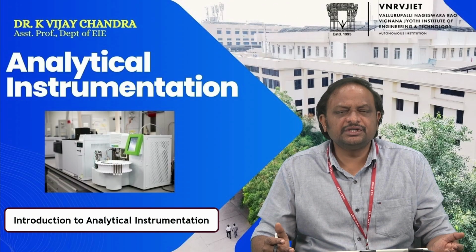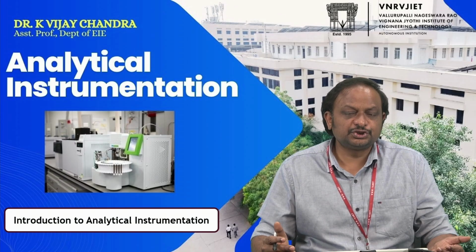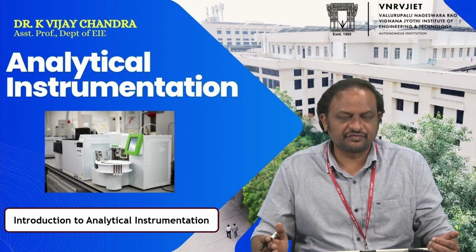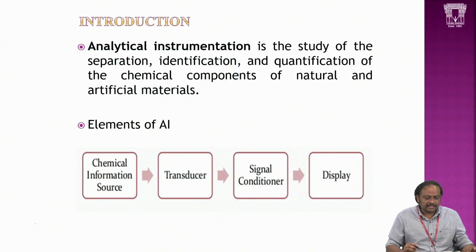Today I would like to discuss the basic part of analytical instrumentation. We'll see the introduction to analytical instrumentation and these sophisticated instruments. If you take the definition, what is analytical instrumentation?